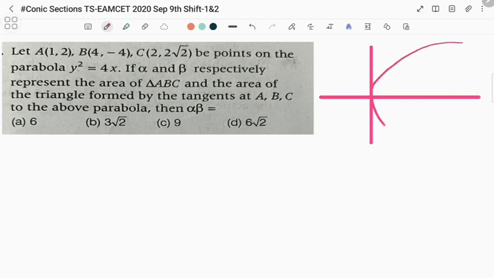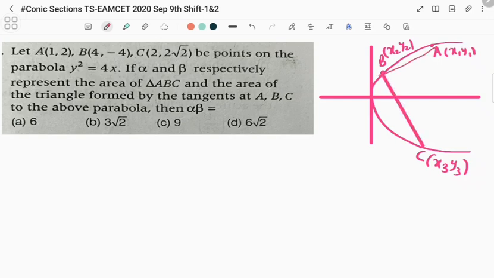So this is the parabola equation. Here I am considering one point A(x1, y1), B(x2, y2) and C(x3, y3). So join like this, you will get one triangle.